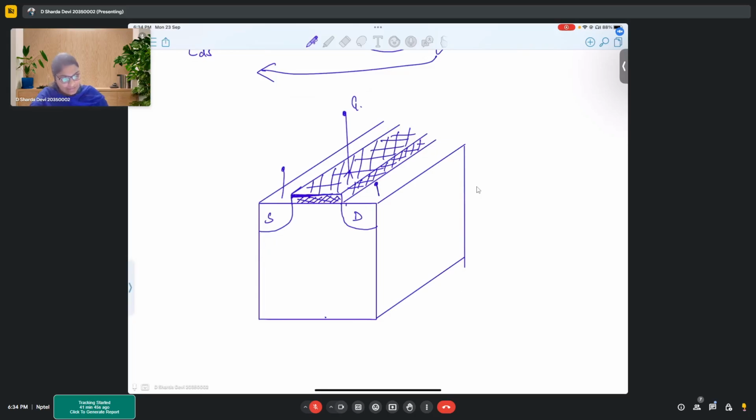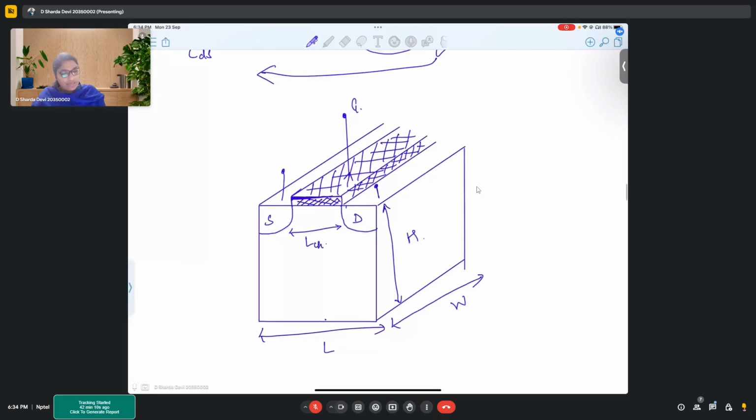So that's another concern. So in our device, this is the length, this is channel length, or we can say gate length. This is the width, this is the height.